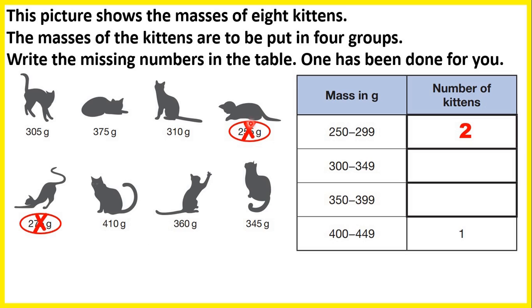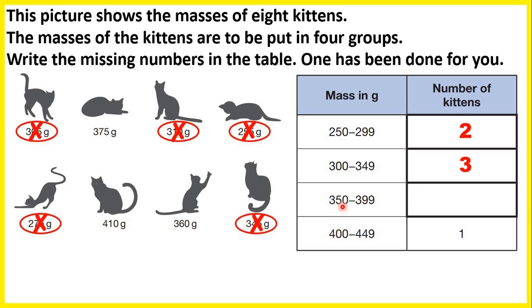And it's a good idea to cross them off as we count. So now we need the mass between 300 and 345. So that's 305, 310 and 345. So that's 3 kittens, and again we can cross them off once we've counted them.